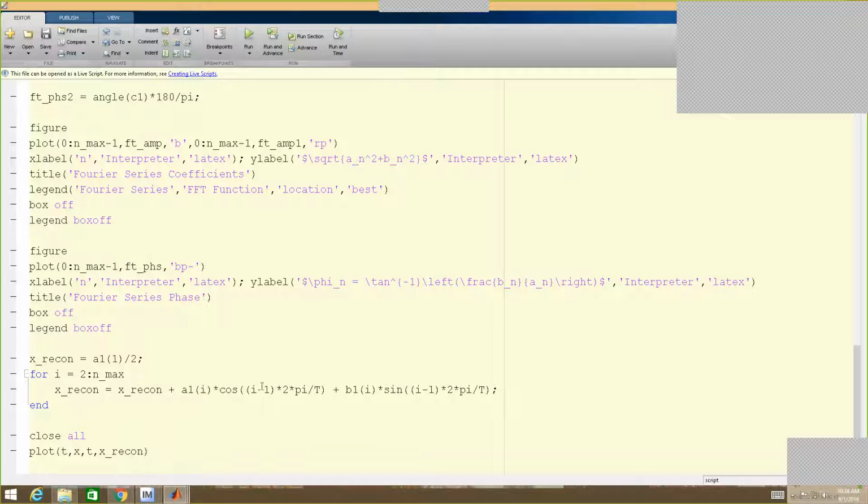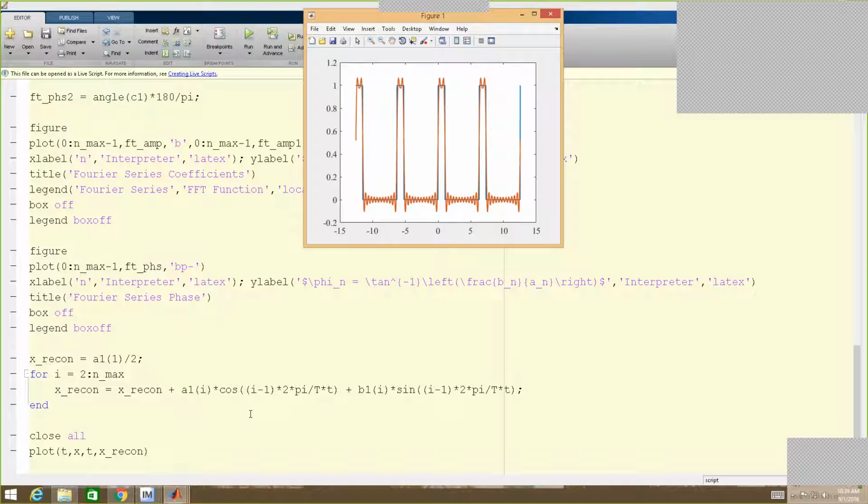It's supposed to be an array. Sorry. Let's get T here.